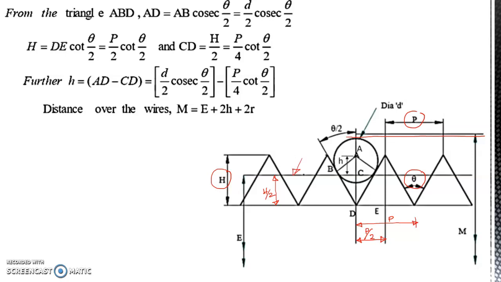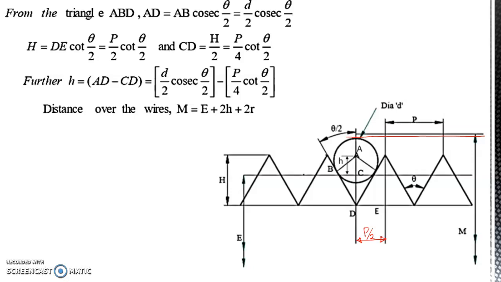The effective diameter line is constructed at a distance of h by 2 from the root of the thread. The distance between the center of the wire, that is A, and the effective diameter, that is at C, is given as h.